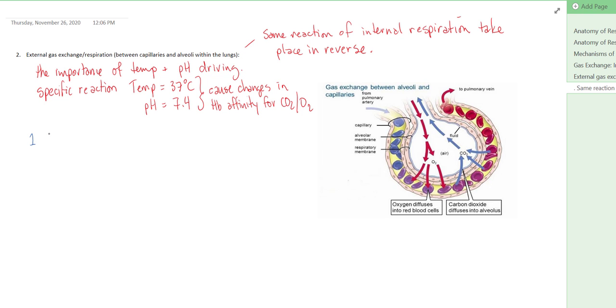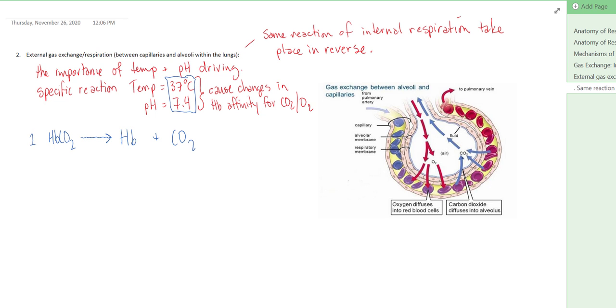So if you remember, one of the primary ways carbon dioxide was dealt with in the tissues was it was picked up by hemoglobin, and so it's being carried by hemoglobin, and so this hemoglobin now releases that carbon dioxide, and again, that carbon dioxide is being released because of these differences in temperature and pH.